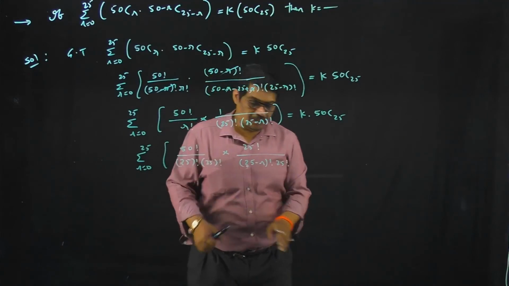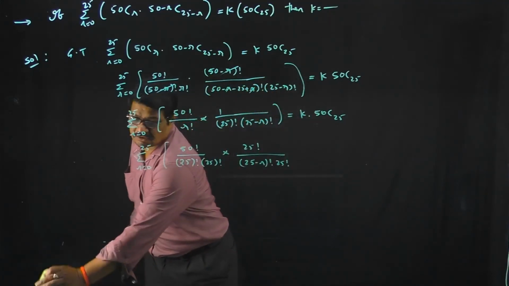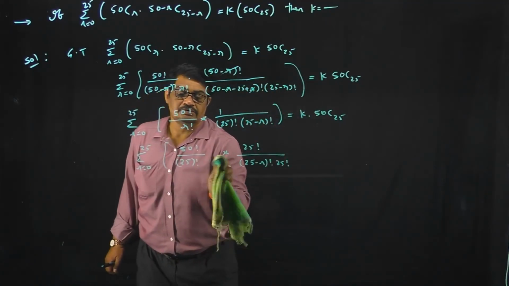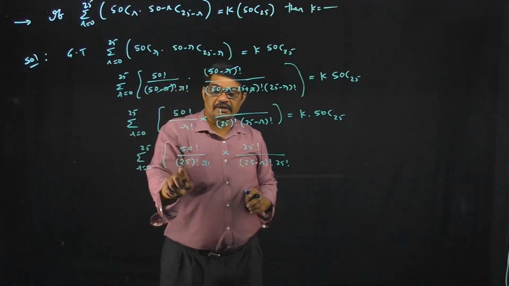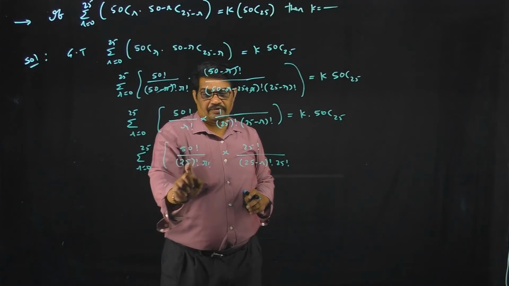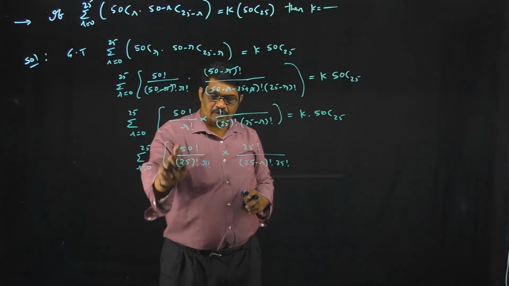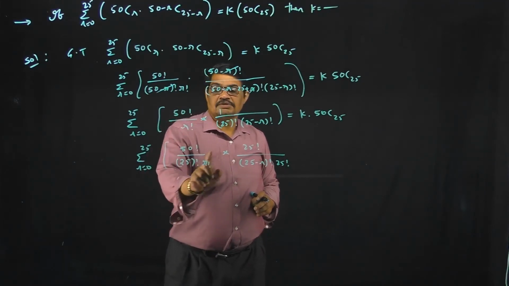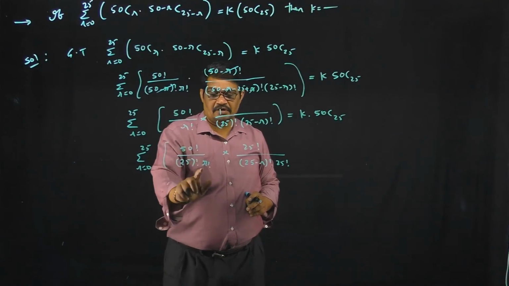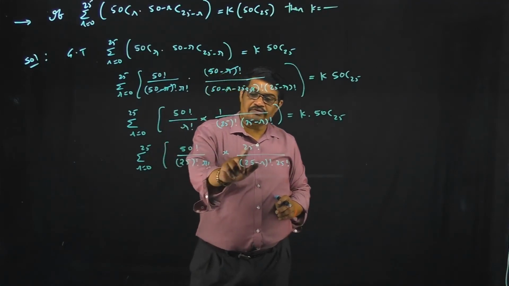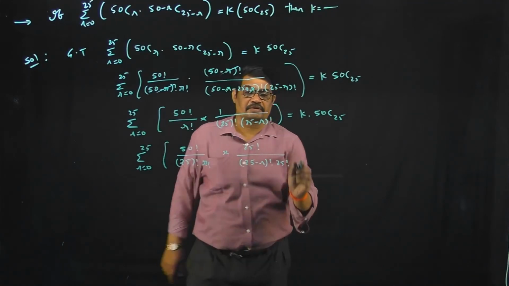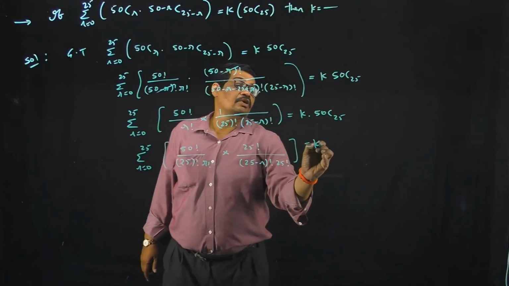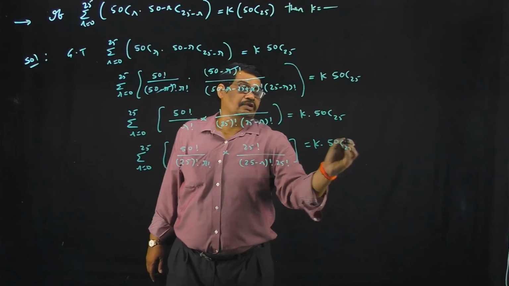Multiplying and dividing here with R factorial and 25 factorial, 50 factorial by 25 factorial, and R factorial, 25 factorial by 25 minus R factorial into 25 factorial, that is equal to K into 50 C 25.